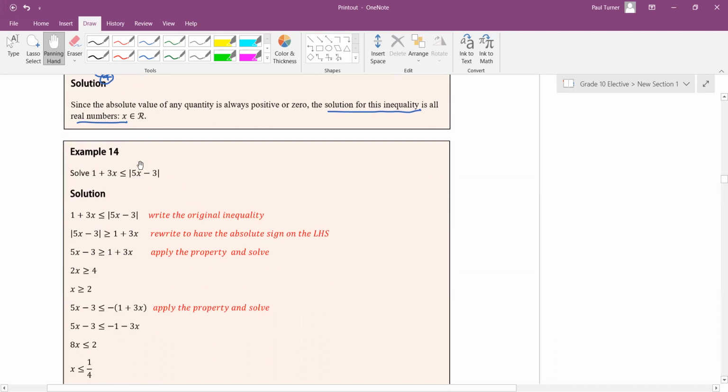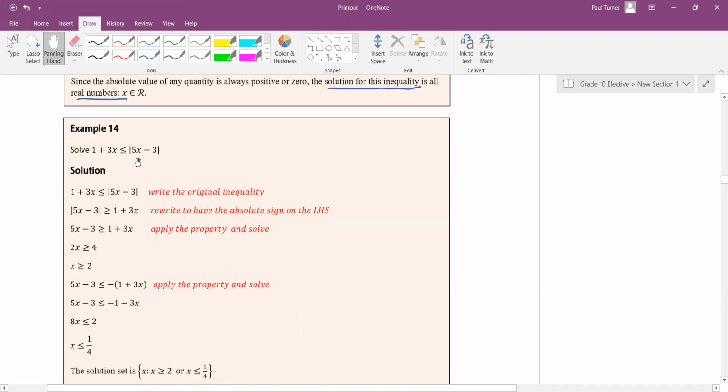So in this question, I rearranged it, because I like to have the absolute value on the left side, not the right side. You see, this is on the right side. So I like to put this on the left side. So I've got absolute value and a number, so I can use my rules more easily. What I did there is I just flipped them around.